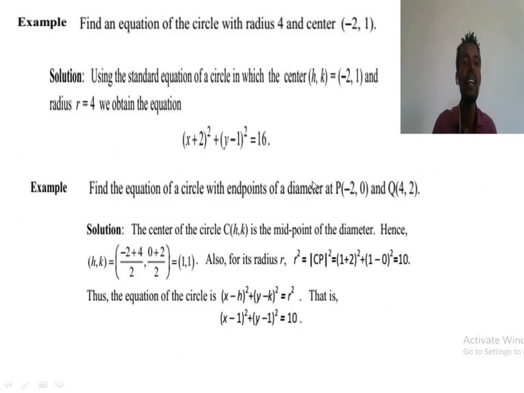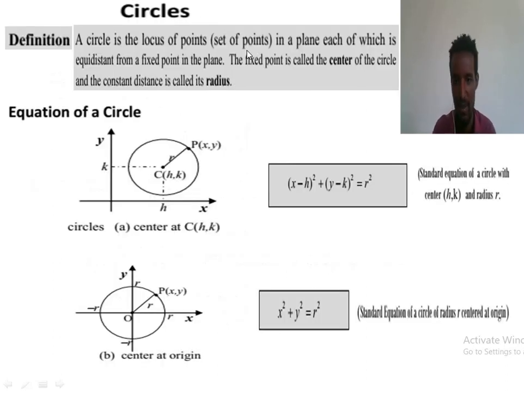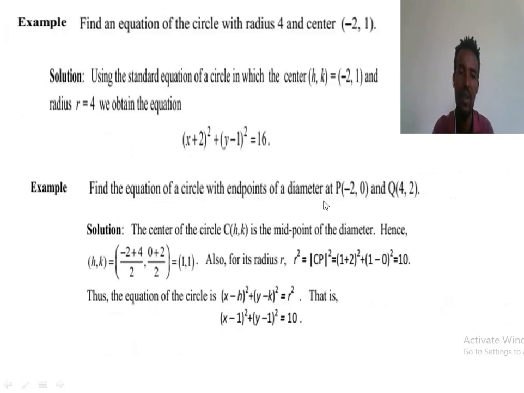ሌላኛው example: find an equation of the circle with radius 4 and the center (-1, 1). ስለዚህ ግን የዚህን ኢኩዌሽን ኦፍ ሰርክል ለመፈለግ እቺን ፎርሙላ አፕላይ እናደርጋለን ማለት ነው። ሴንተራችን (h, k) አለን ራዲየስ r አለን እዚህ ማስገባት ብቻ ነው የሚሆነው. So using standard equation of a circle in which our center (h, k) is (-1, 1) and the radius r is equal to 4, we obtain such form.